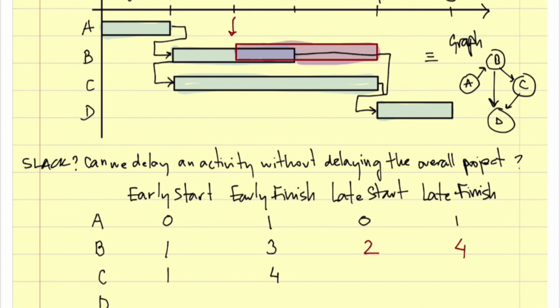Now, if I delay Z to week 3, then because D depends on Z, if I move C 2 weeks to the right, then D moves 2 weeks to the right, and I delay the whole project. So the latest start for work package C is 1, and then the same for the late finish by the same logic.